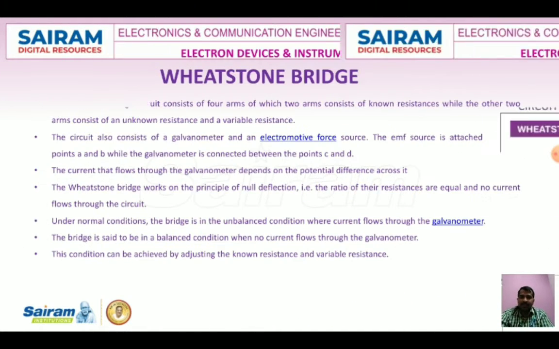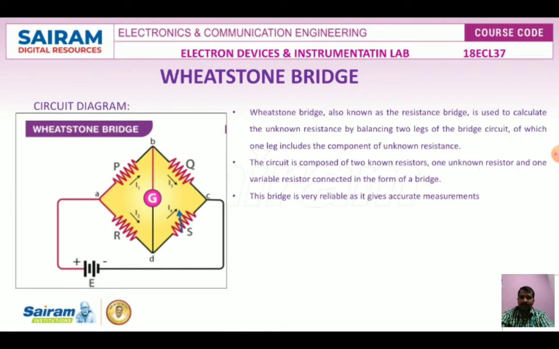So this is the diagram. Whenever the power supply is given, the current flowing through points A and B divides. The current flowing through P is I1, and the current flowing through R is I2, and the current flowing through the galvanometer is Ig.